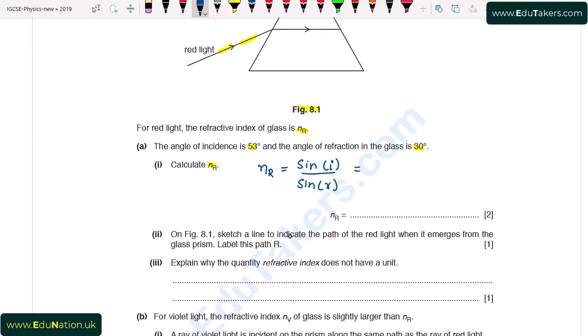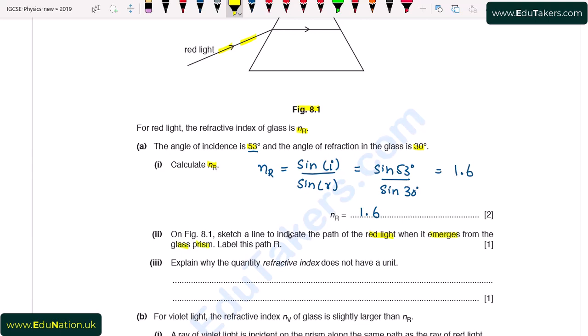So here angle of incidence is 53, sine of 53 degrees divided by the angle of refraction, which is 30. So I write sine of 30 degree. So the refractive index of glass comes to be 1.6. I write here n of r is equal to 1.6. Part 2. On figure 8.1, sketch a line to indicate the path of the red light when it emerges from the glass prism.